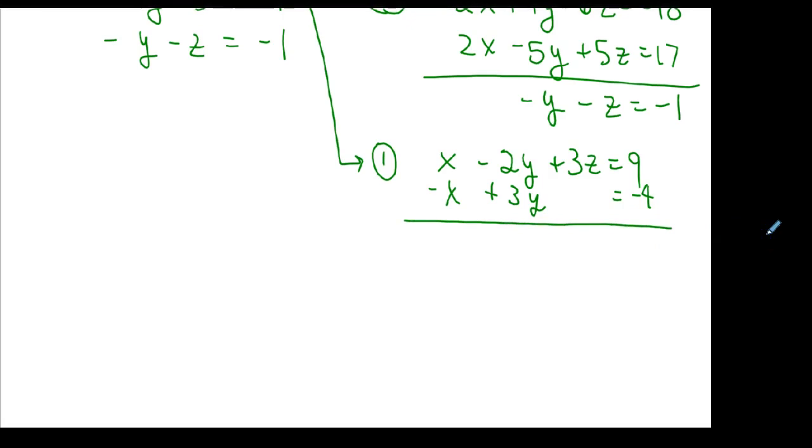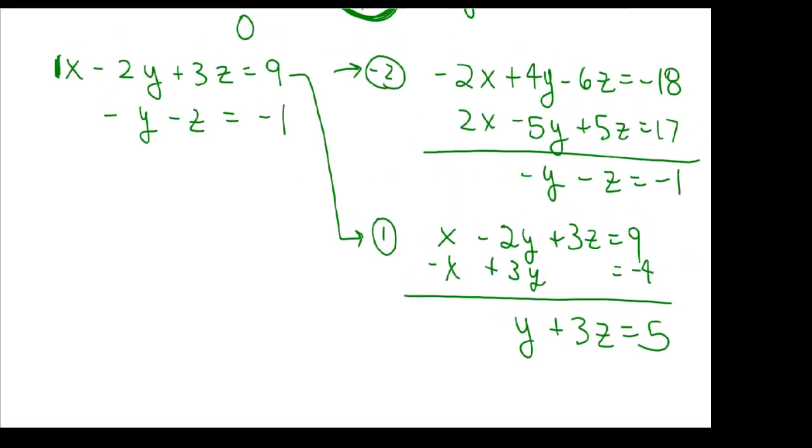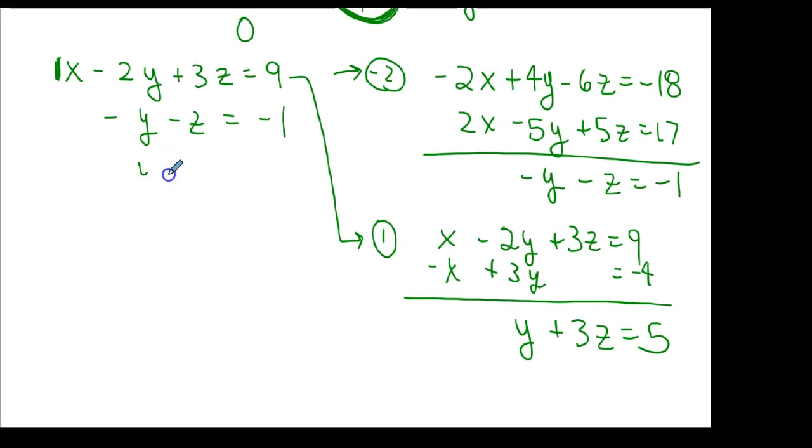So I have y plus 3z is equal to 5. That becomes my new third row.